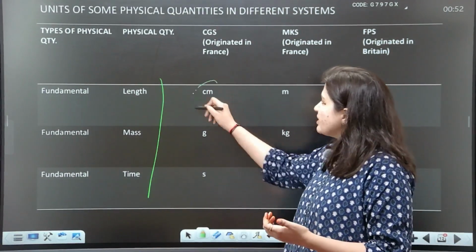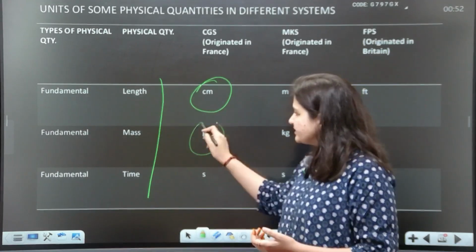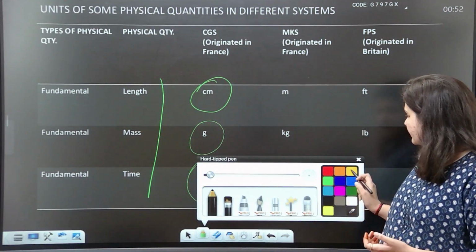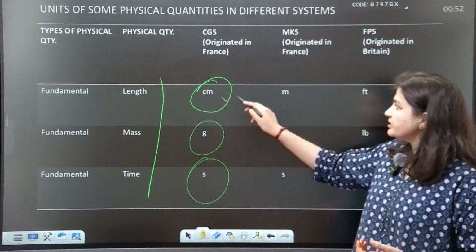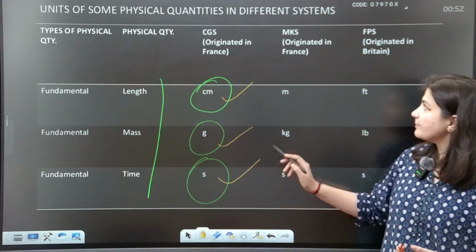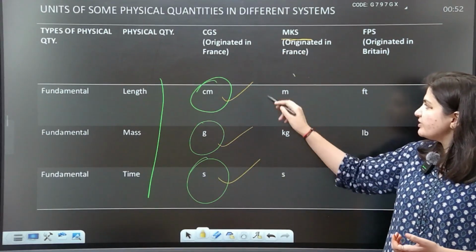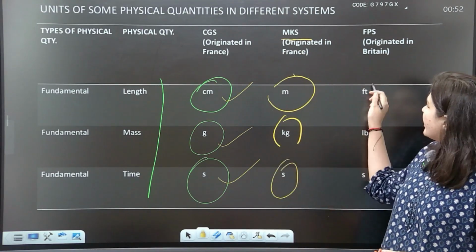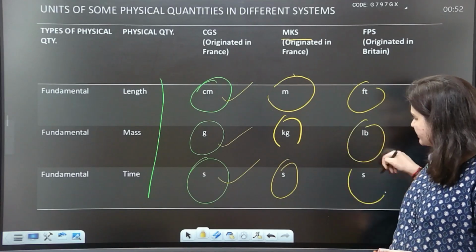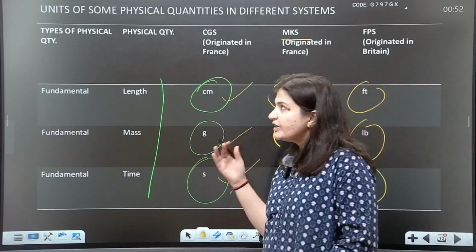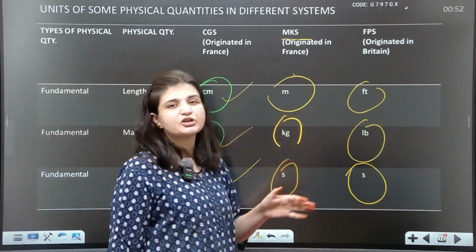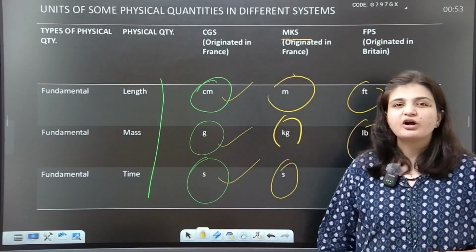In the CGS system, we have centimeter, gram and second. In the MKS system, we have meter, kg and second, and in the FPS system, foot, pound and second.